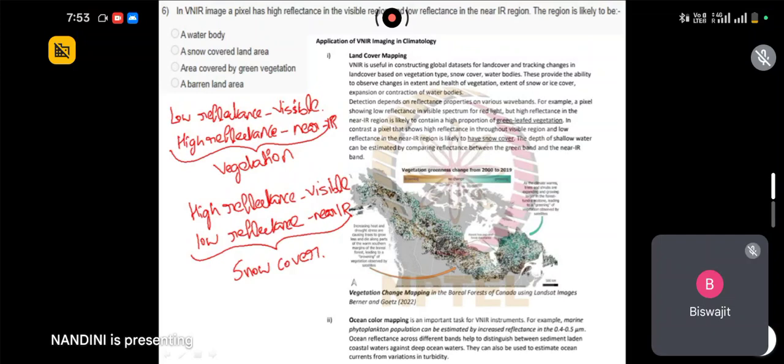Yeah, it will be land area. So in case of barren land and water bodies, barren land basically shows high reflectance in both visible and IR spectrum.